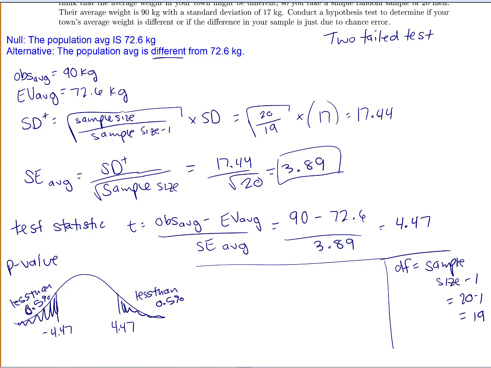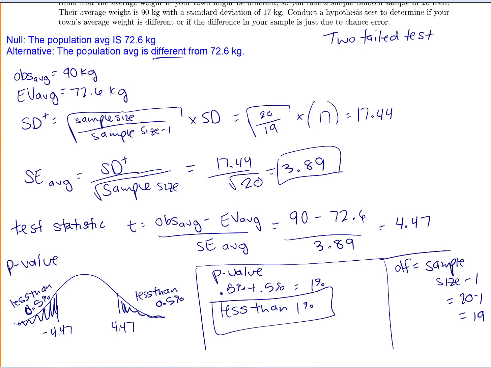Now because the t-table doesn't go as small as the z-table, we don't usually say almost zero if it's off the chart, because it's not necessarily that small. So we'll just stick to less than 0.5%. For my p-value, I need to have both of those tails, so let's add those two areas together. 0.5% plus 0.5% equals 1%. So I would say we have less than 1% as my final p-value.